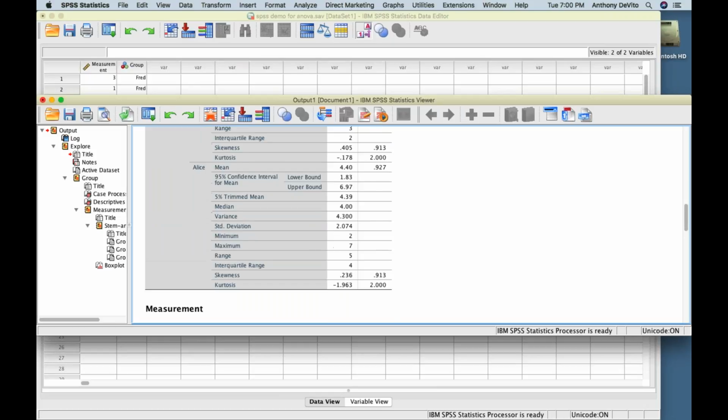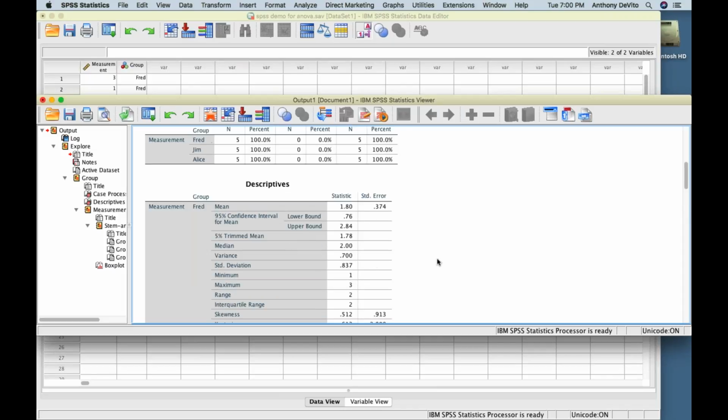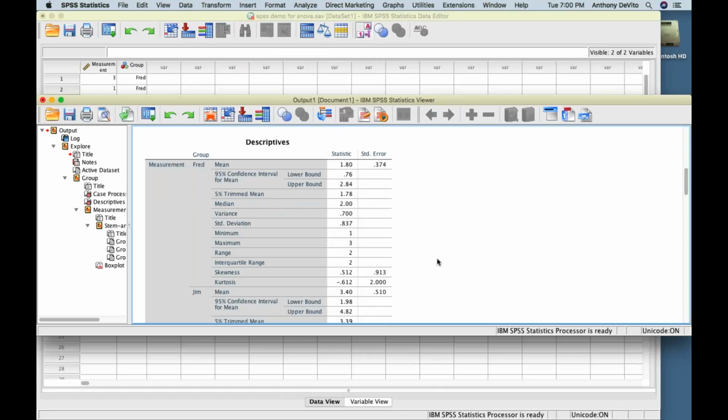The mean for Jim is 3.4, and the mean for Alice is 4.4. So 4.4, 3.4, and the first one was 1.8. So I'm already starting to think, gee, maybe I can demonstrate a difference between at least the one with the highest mean and the one with the lowest mean, or maybe all three of them. Maybe I have enough data here and the variability is such that I can demonstrate there's a difference between all three.